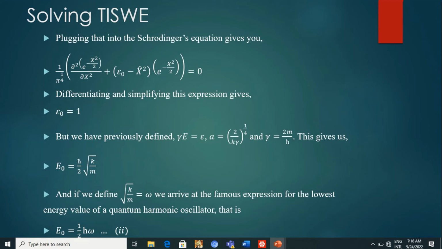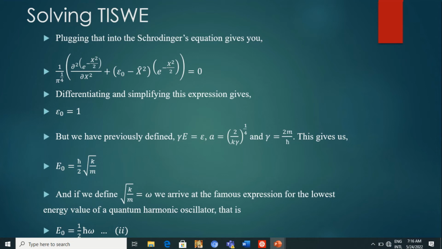Putting all those values back into it, we get E naught to be equal to h-cut by 2 into root of k over m. But k over m was defined to be omega square, so root of k over m equals omega. Here we arrived at the famous expression for the lowest energy value of the quantum harmonic oscillator, that E naught is equal to 1 by 2 h-cut omega.